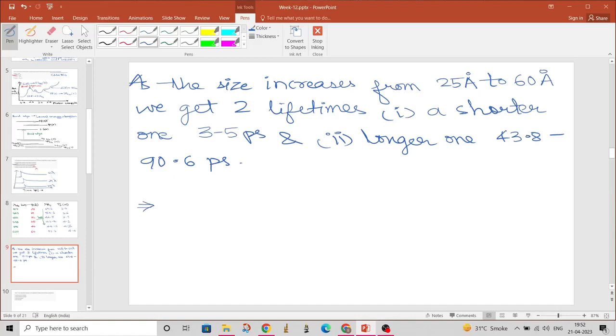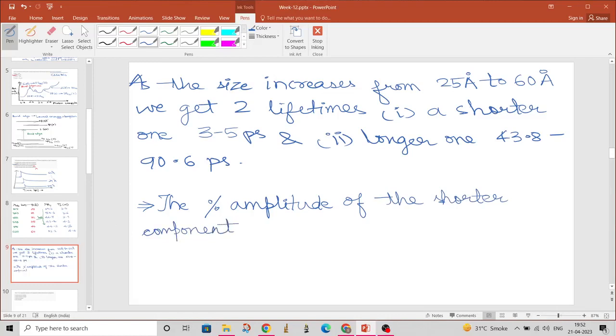And the second point is the percent amplitude of the shorter component decreased from 69.2% to 31.1%.